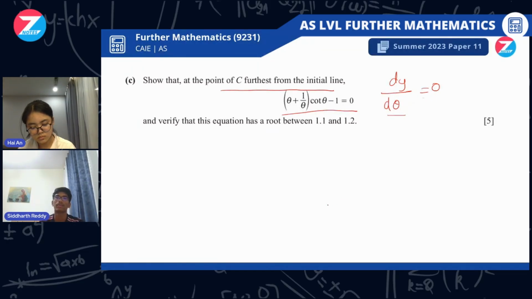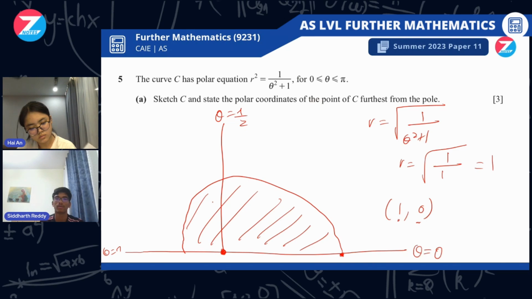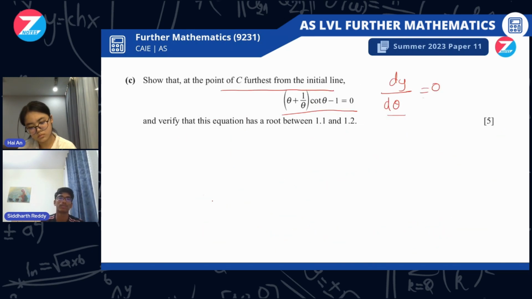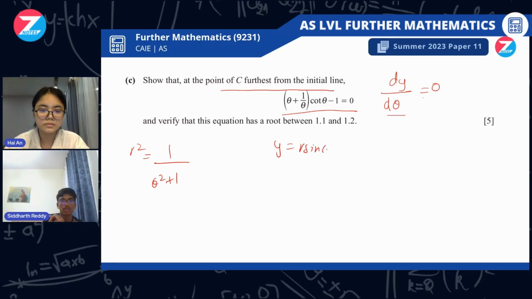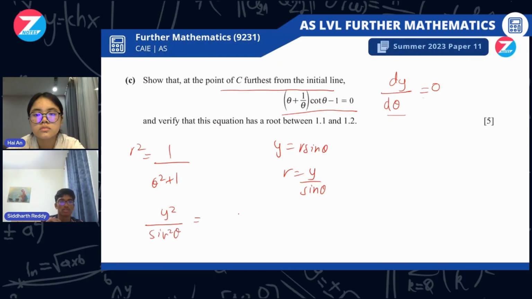They gave that we have r square is equal to 1 by theta square plus 1. So we know that y is equal to r sine theta, so r is equal to y by sine theta. Let's substitute this. We get y square by sine square theta is equal to 1 by theta square plus 1.